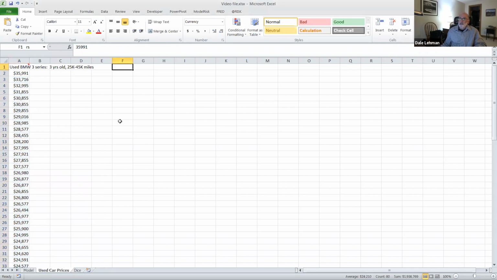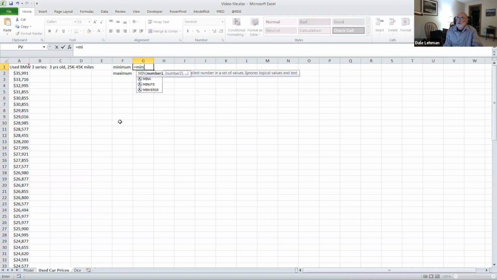So we could find what the minimum and maximum were. Min. And all you have to do is put in UsedCars instead of the address.